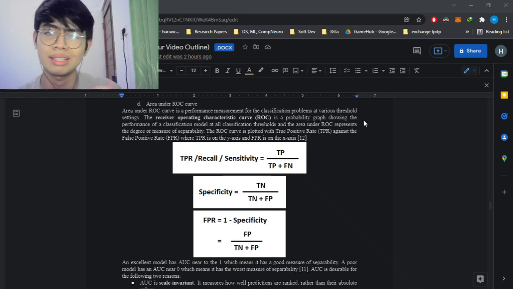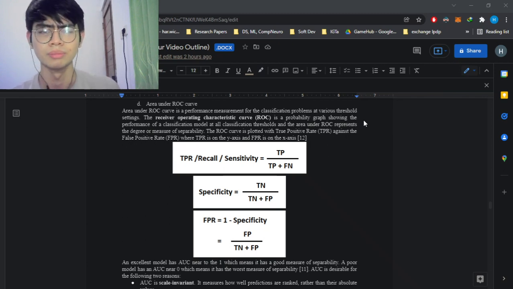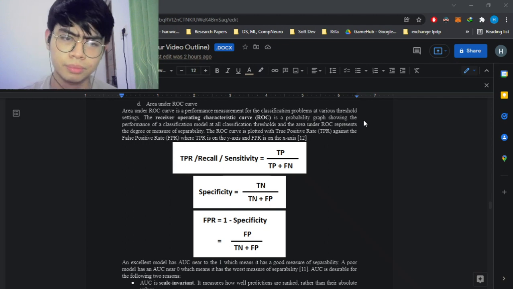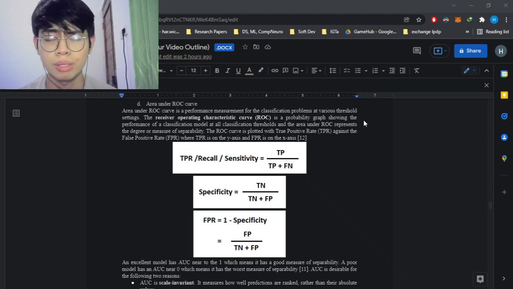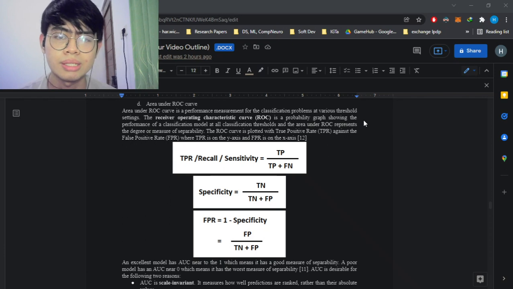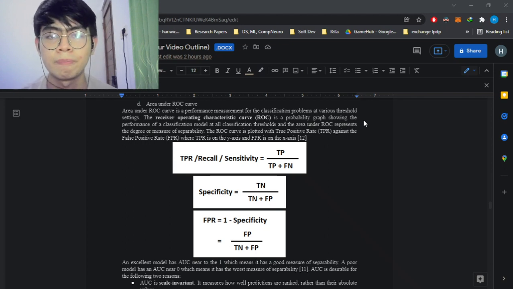So it's like the other way around when we're talking about sensitivity and specificity. And the FPR, the false positive rate, is just 1 minus specificity, or essentially false positive over true negative plus false positive.